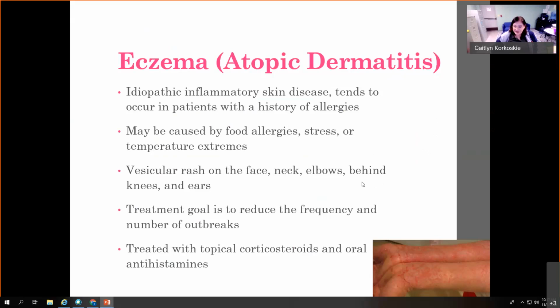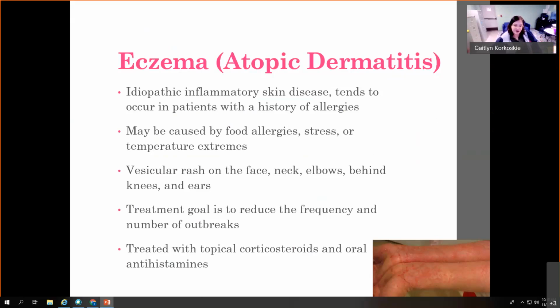Extreme heat usually causes a flare up because the constant sweating makes their skin irritable and causes itching. At the same time, extreme cold, especially in dry weather, causes the skin to crack and then they have lots of itching.